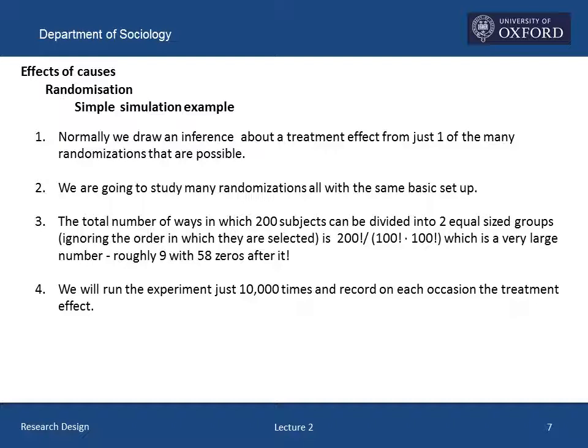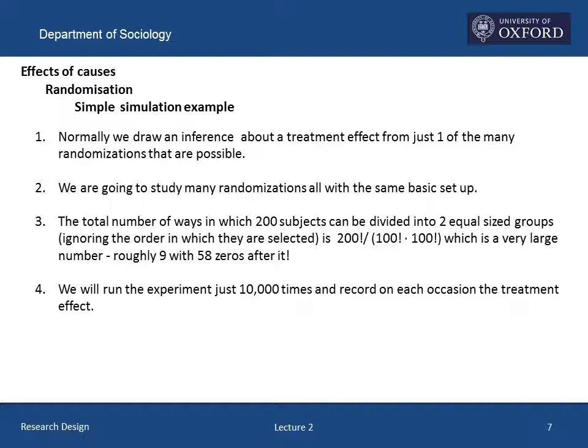A typical situation is that we attempt to draw an inference about the average treatment from a single experiment. A single experiment represents just one of the many possible randomizations of the subjects to the treatment and control groups. We're going to study many randomizations, all with the same basic setup.